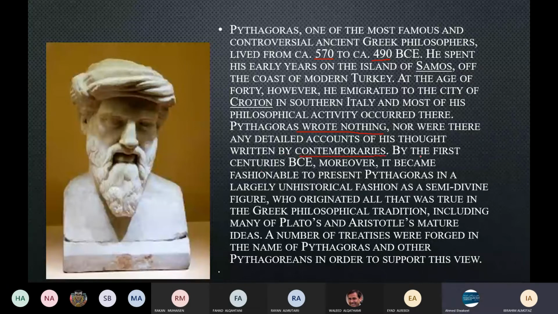By the first centuries BCE, moreover, it became fashionable to present Pythagoras in largely unhistorical fashion as a semi-divine figure who originated all that was true in the Greek philosophical tradition, including many of Plato's and Aristotle's major ideas. A number of treatises were forged in the name of Pythagoras and other Pythagoreans in order to support this view.